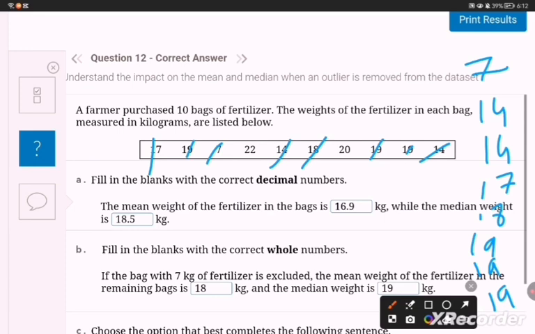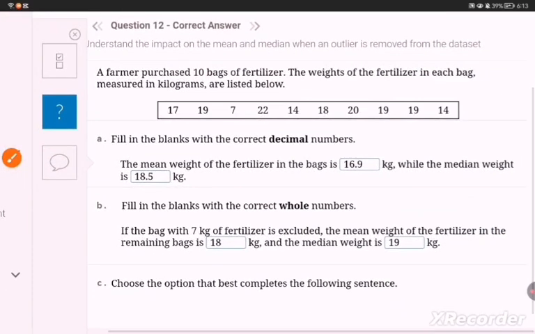Okay. And then 20 and 22. And then start crossing out. So 22, 7, 20, 14, 19, 14, 19, 17. You're left with 18 and 19. So your median is 18.5 because 18 plus 19 divided by 2 is 18.5.